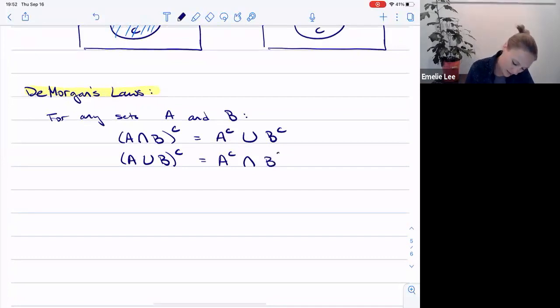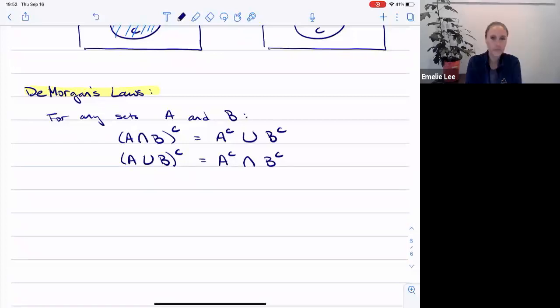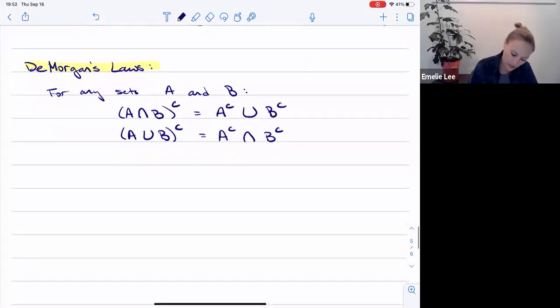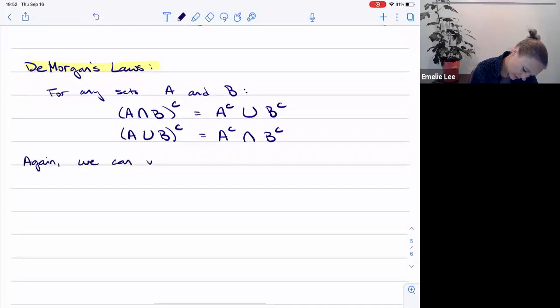So, and the complement of B. So again, we can verify these with a Venn diagram. So let's do it.